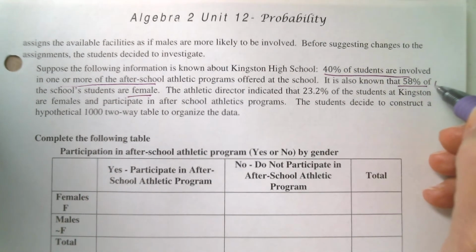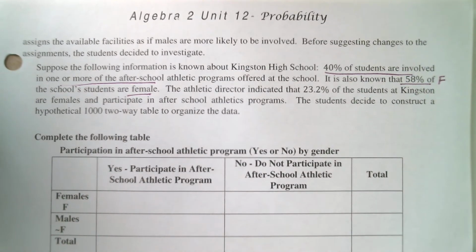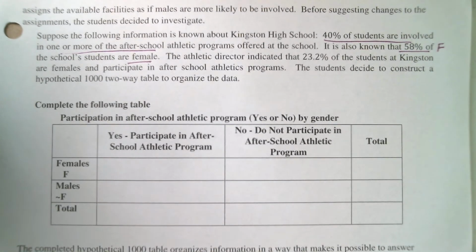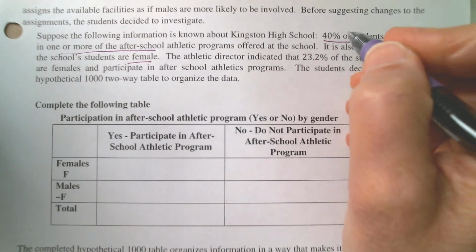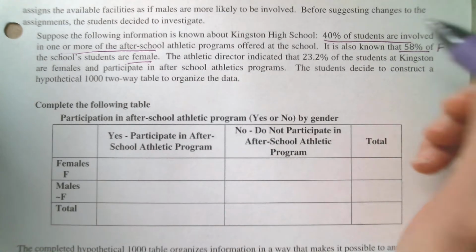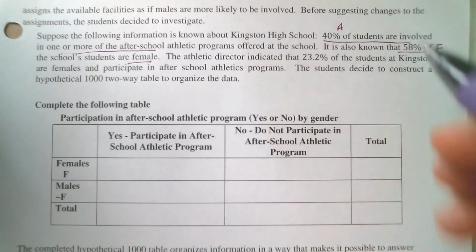I'm just going to put an F next to the 58% for female. And I'll put an A for athletic or after-school athletic programs next to the 40%.